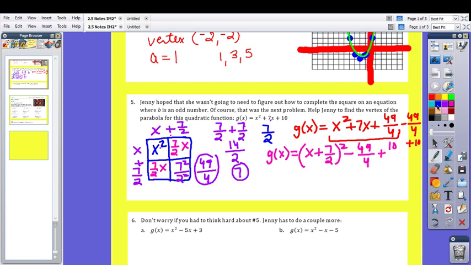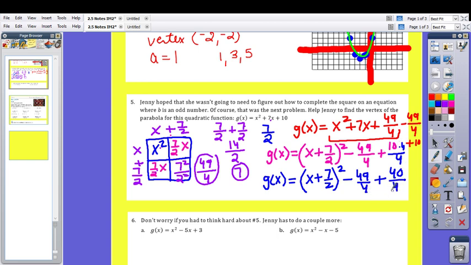Now I will be multiplying by 4 and dividing by 4 so that I can get common denominators. So now I will be getting 49 over 4, and this will be 40 over 4, because 10 times 4.